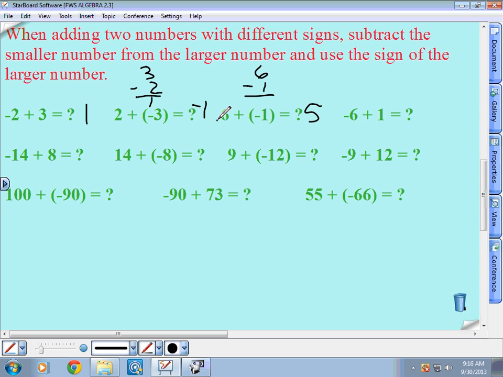Okay, Weston. -6 plus 1. -5. 6 minus 1 is 5. The larger number is the negative, so -5. Okay, Alex. -14 plus 8.